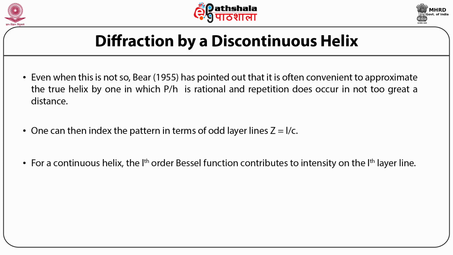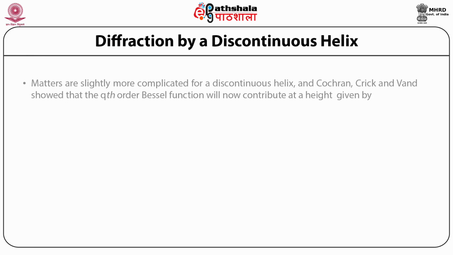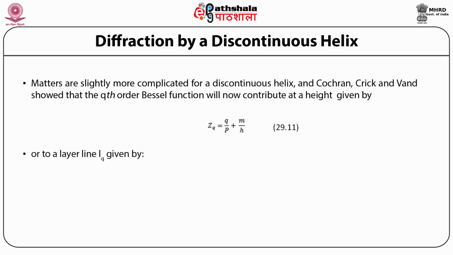For a continuous helix, the jth order Bessel function contributes to intensity on the jth layer line. Matters are slightly more complicated for a discontinuous helix, and Cochran, Crick and Vand showed that the qth order Bessel function will now contribute at a height given by Z_q equals q over P plus m over h, as defined by equation 29.11, or to a layer line l_q given by l of q equals nq plus mM, where little m is any positive or negative integer or 0.